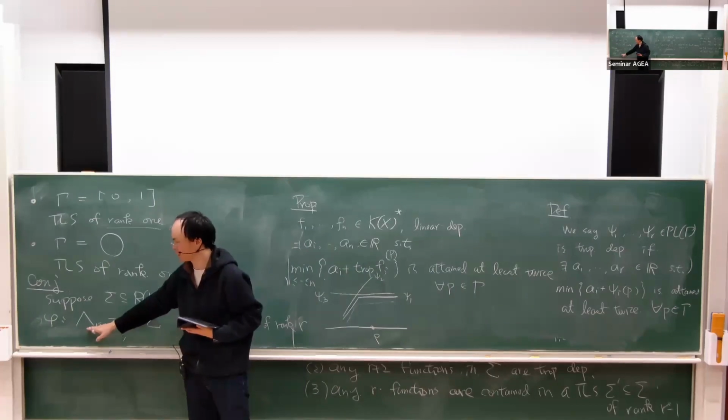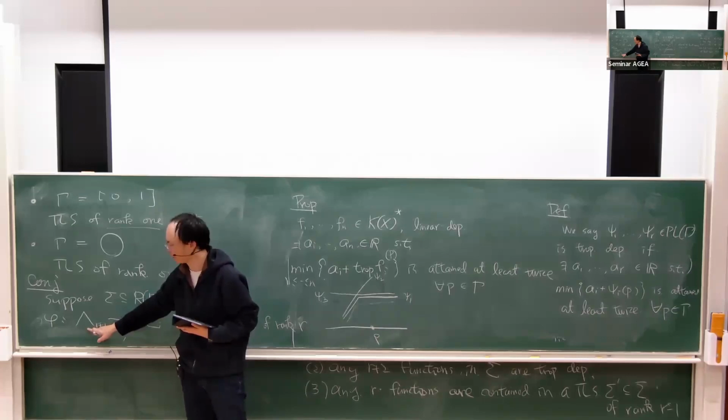So you should think of this as the tropicalization of a usual linear space. But actually, it is not. Some tropical linear spaces are not realizable. But the point here is that the tropical linear space is in one-to-one correspondence with the so-called valuated matroid.